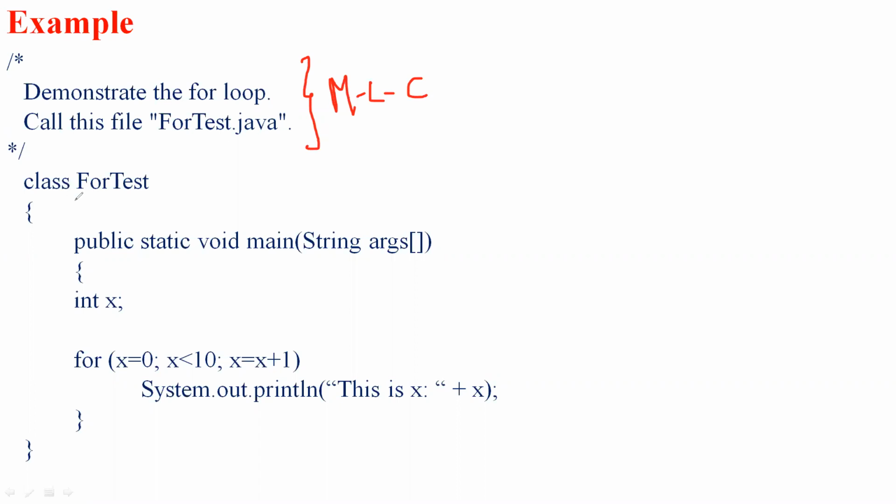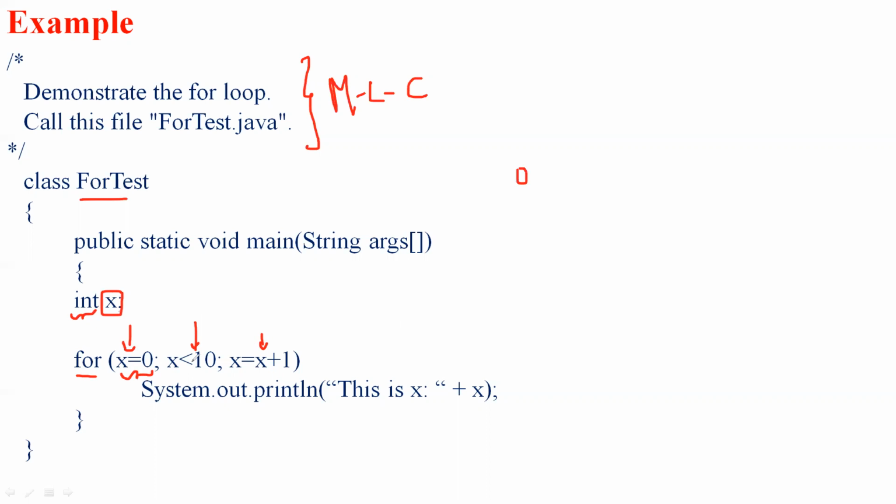Then we have a class named ForTest. Here I declare a variable x of type integer. I'm using a for loop with initialization, condition, and iteration. For initialization, I first set the value of x to 0.